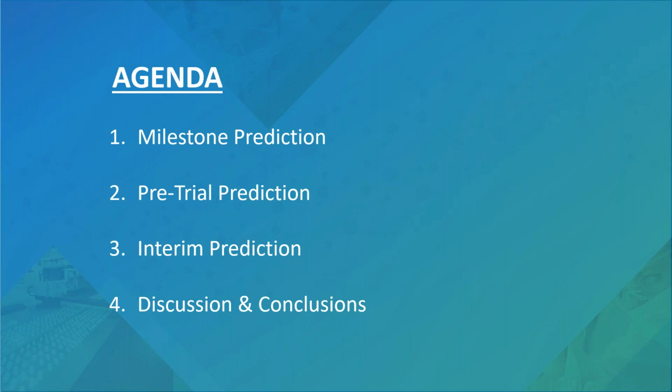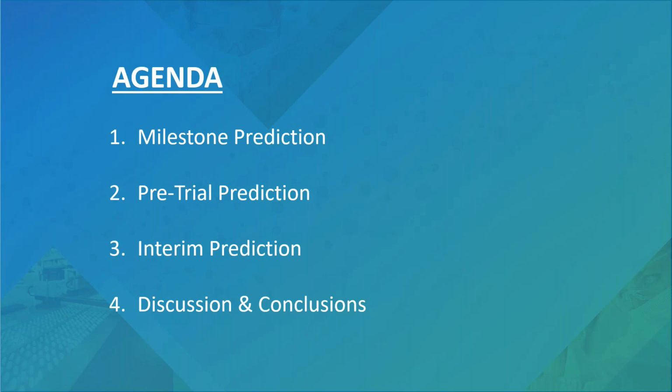In terms of today's agenda, we're going to start with an overview of milestone prediction as a concept. What is it? Why is it important? And what value does it bring? Then we're going to talk about the two different scenarios where a milestone prediction is likely to occur. One is pre-trial, almost a natural extension of the sample size calculation, where we want to know pre-trial roughly how long the study is going to take, and we can do that in a formal statistical manner using things like simulation rather than relying on an ad hoc calculation.